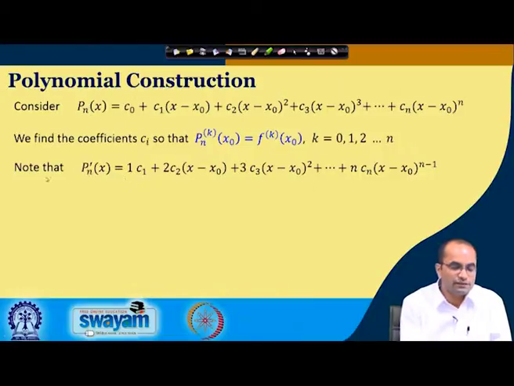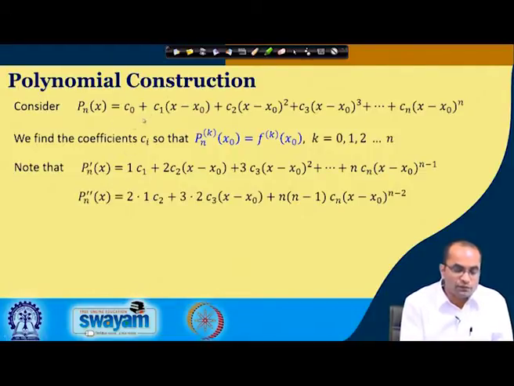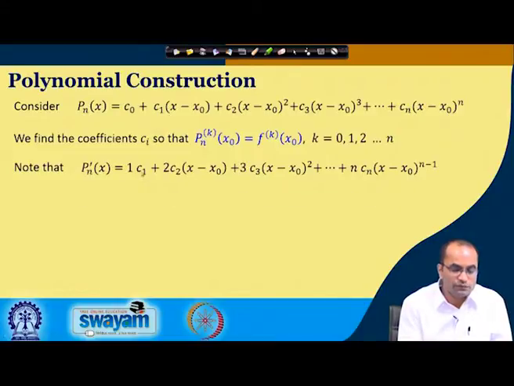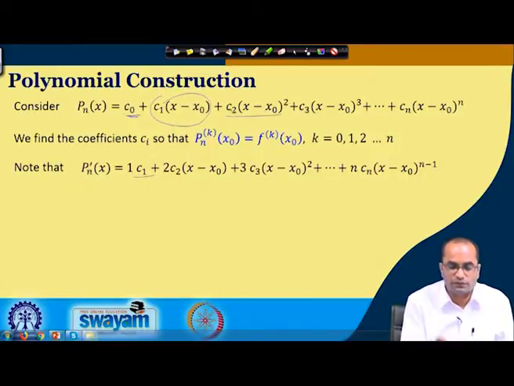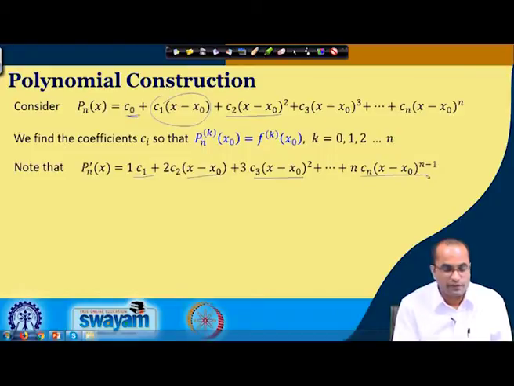Having this condition, first we note that the first derivative of this polynomial is, since c 0 is a constant, equal to 0 for the first term, and then from the second term we get c 1. Similarly, from the next we get 2 times c 2 times x minus x 0, then we get 3 times c 3, and so on.